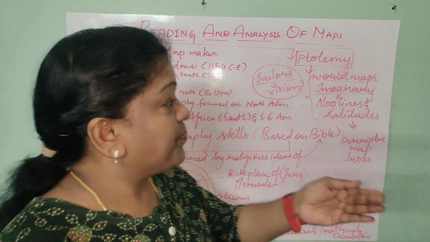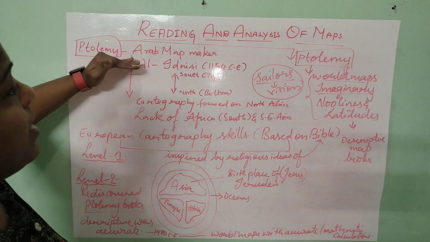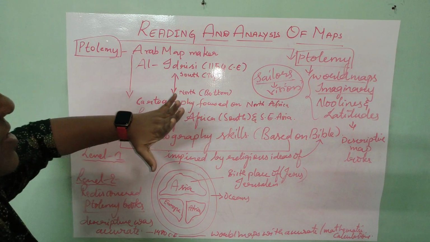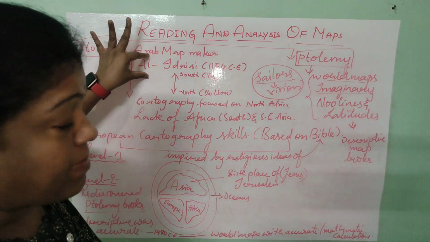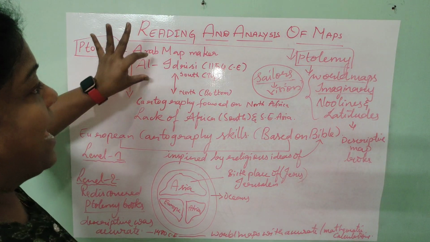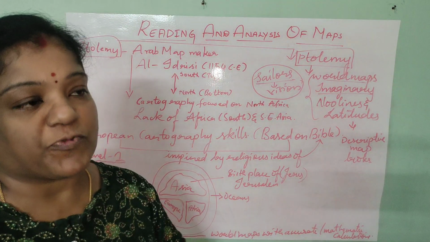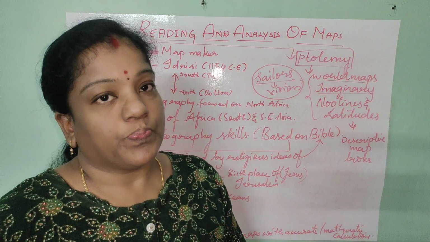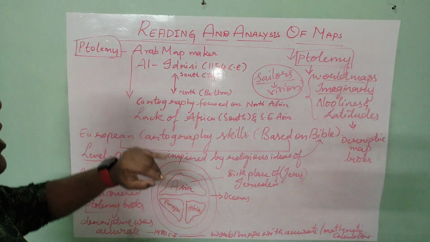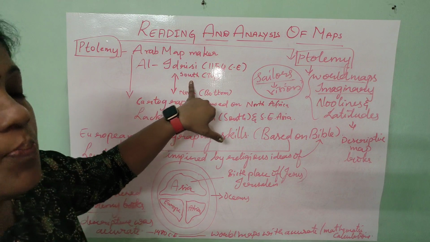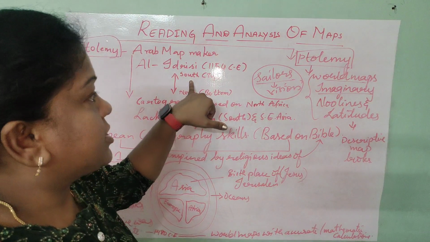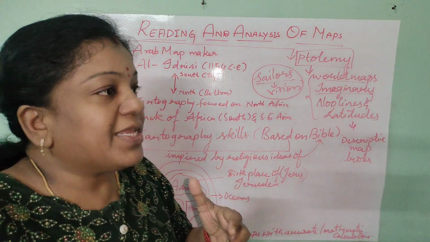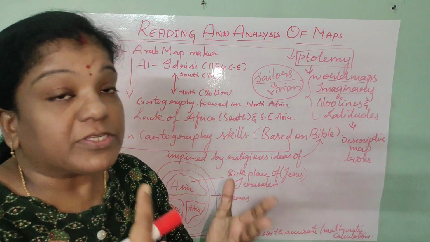And then we get into the Arab cartography skills. One of the famous Arab map makers or cartographers, Al-Idrisi, on the request of his king Roger II, the ruler, wanted to make the world maps, but he did not have clarity on how to project the world map.